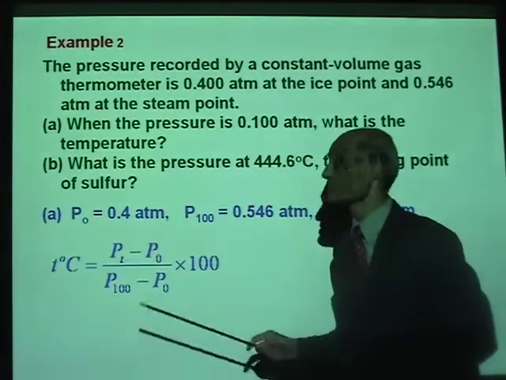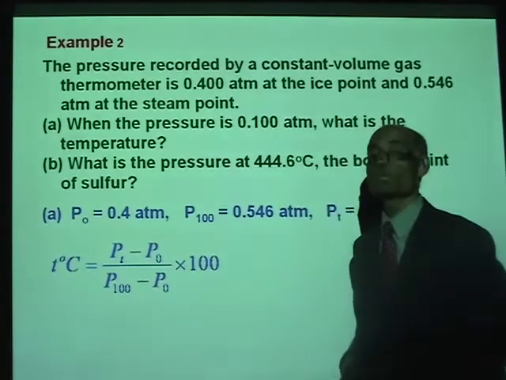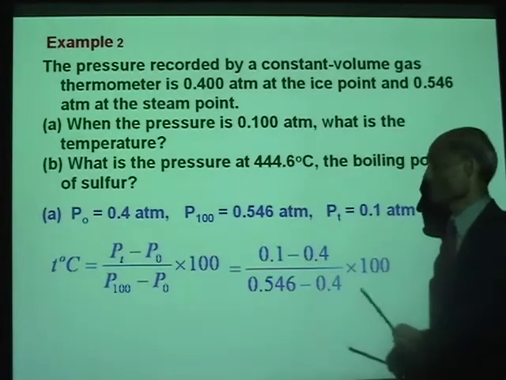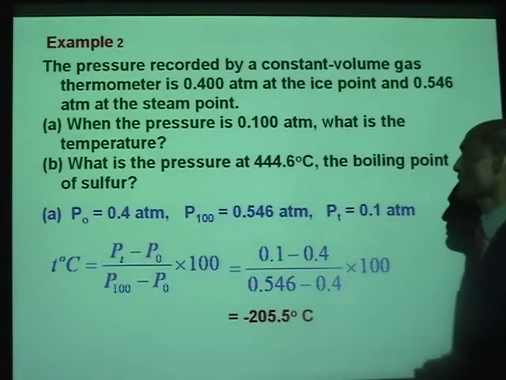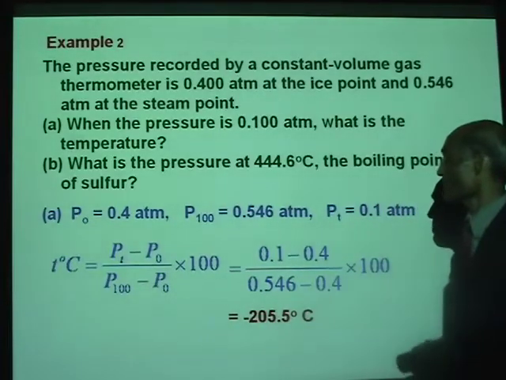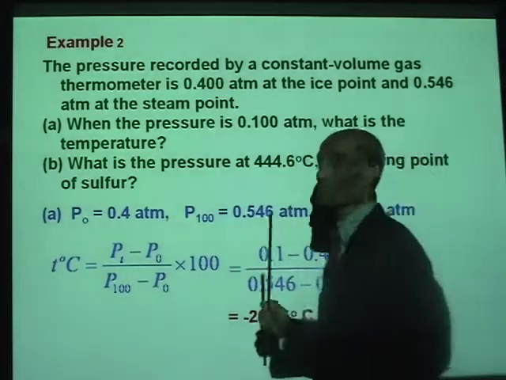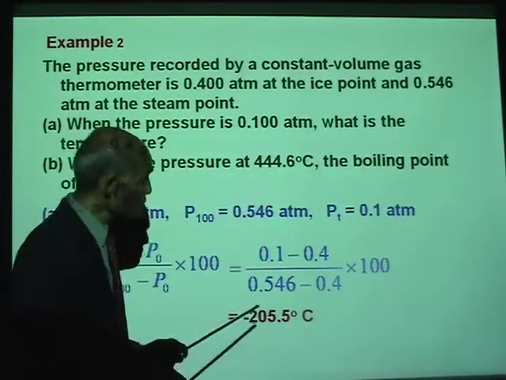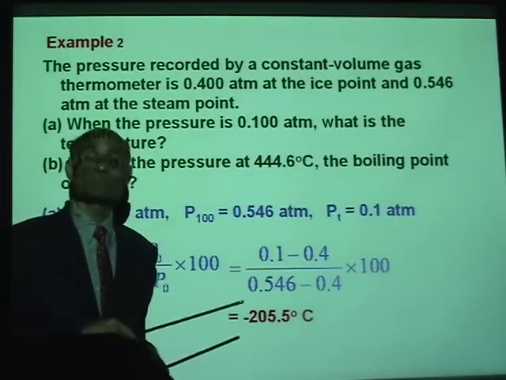T degrees Celsius is PT minus P0 over P100 minus P0 multiplied by 100. And all those values you know, therefore that temperature is negative 205.5 degrees. You see, what is the advantage of a thermometer like this? A constant volume thermometer. Can you use a mercury thermometer to read a low temperature like this?